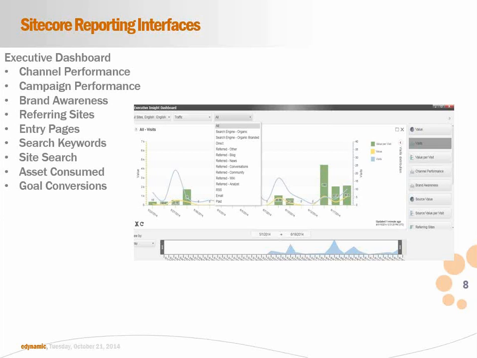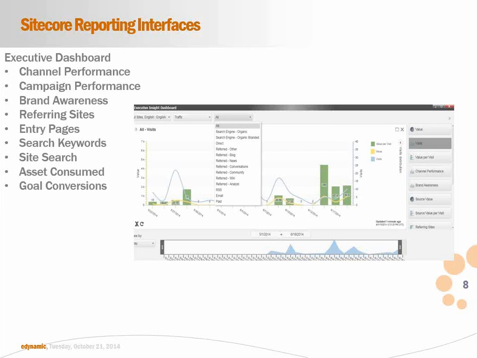Entry pages report. An entry page could be a landing page created for a specific campaign or a page referred by another website, and it can help you identify those pages that led to the highest value visits, or also identify the underperforming pages.